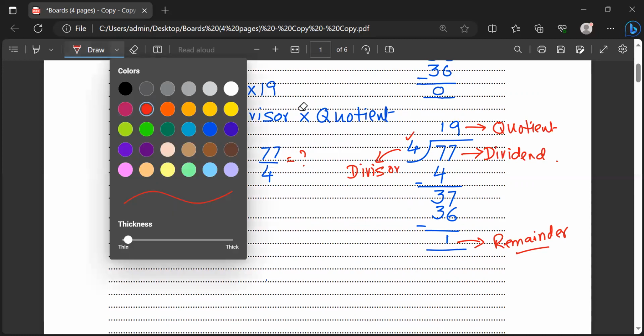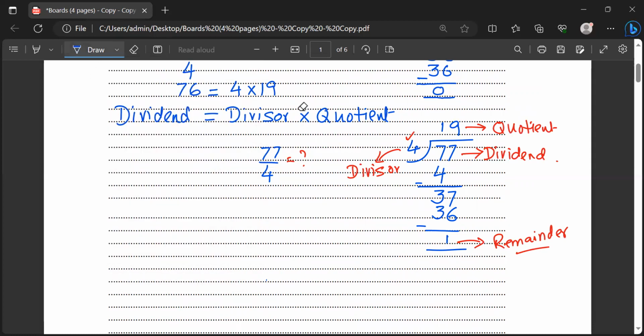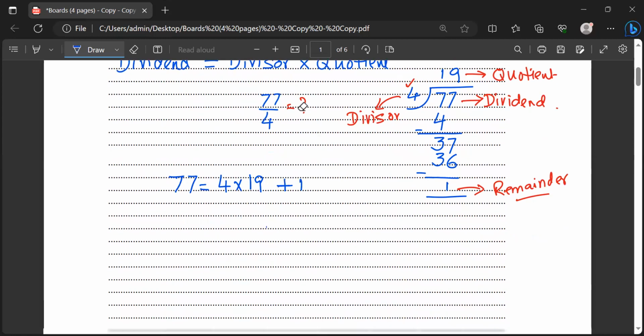Now what you can do, I can write here that in the previous case 76 was equal to 4 multiplied by 19, but here 77 is not just 4 multiplied by 19, because 4 multiplied by 19 is 76. So plus 1 I'm writing here.